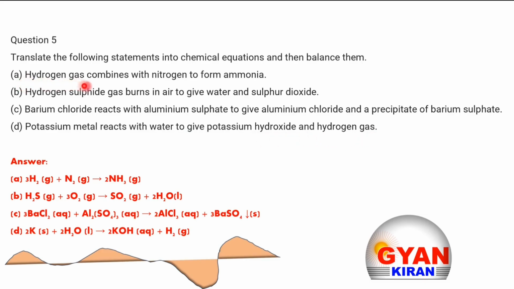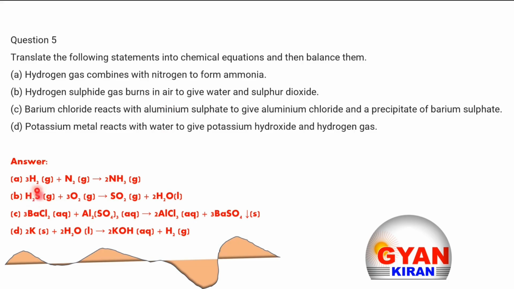The first one is hydrogen gas combines with nitrogen. Here hydrogen is in gaseous form and it combines with nitrogen gas, and as a result we will get ammonia. This reaction is balanced. Then hydrogen sulfide gas burns in air.